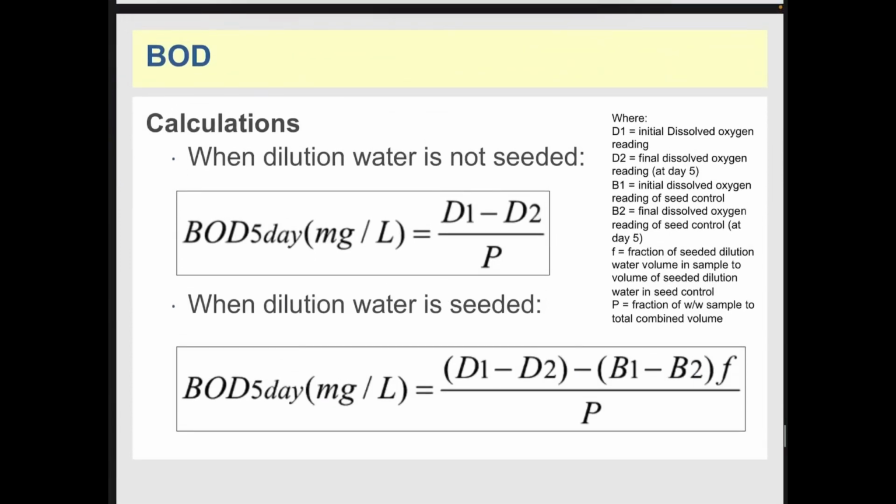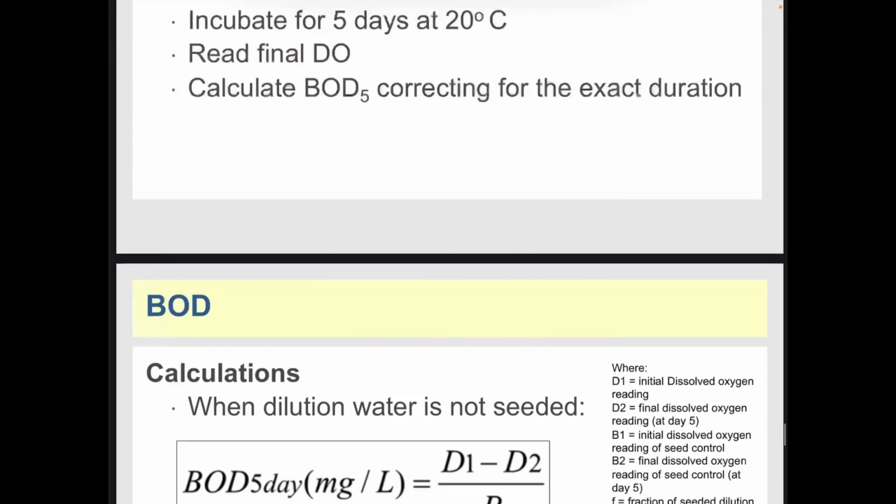Now, how do you calculate the BOD? When the water is not seeded, meaning no seeds have been added.